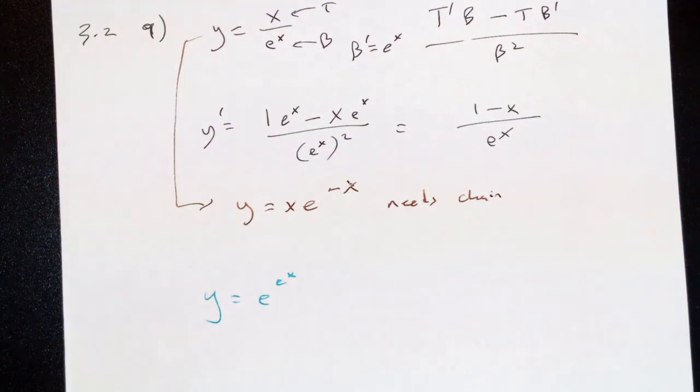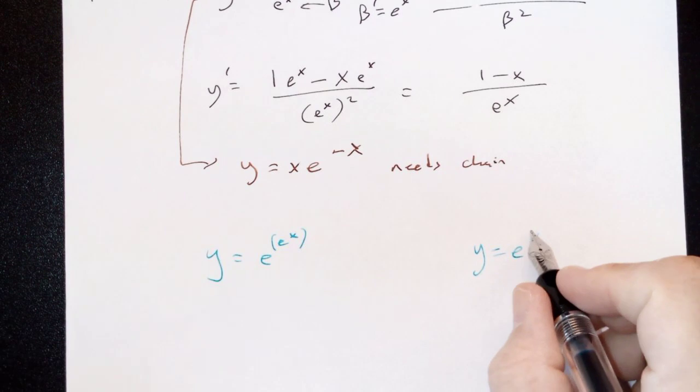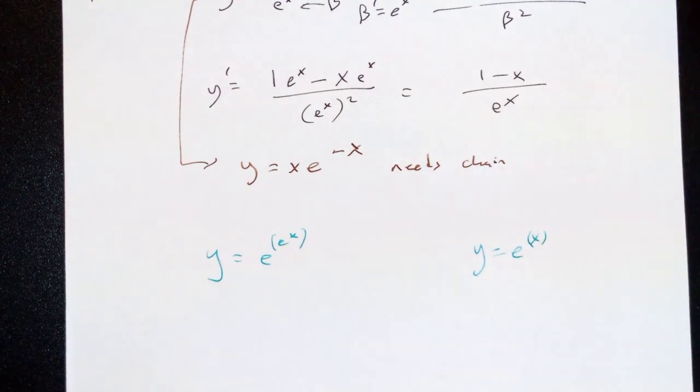So I'm going to think of it as e to the stuff. There's the missing set of parentheses that tells me outside versus in. Because if it's e to the x, then it's really the e of, right?